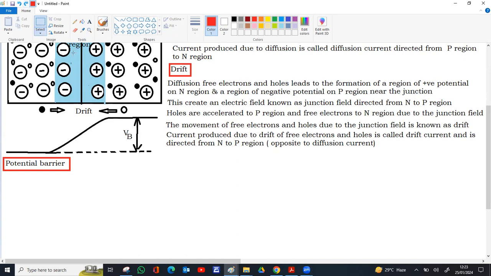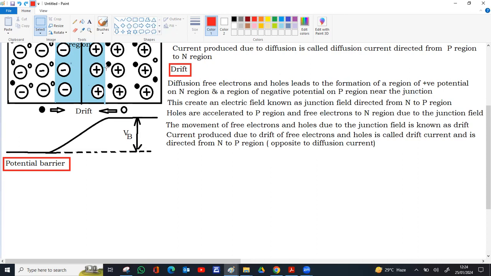Now the recombination leads to the formation of a negative layer of ions on the P side and a positive layer of ions on the N side. This creates a potential difference. This potential difference acts as a barrier against further recombination, meaning these negative ions repel the electrons from entering the N side. Already some of them entered.